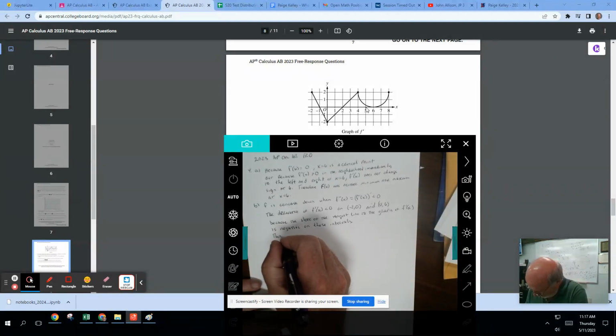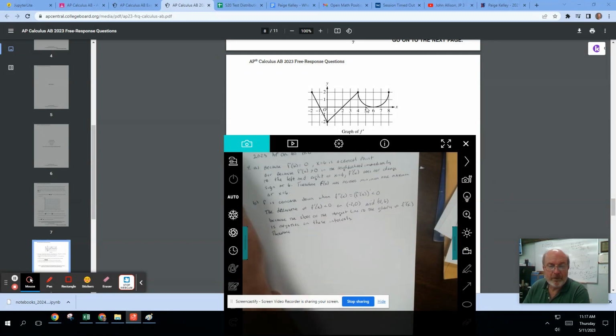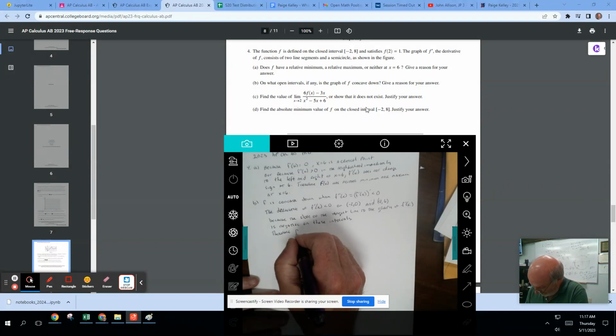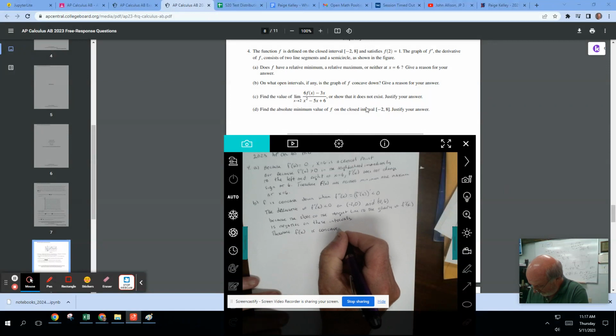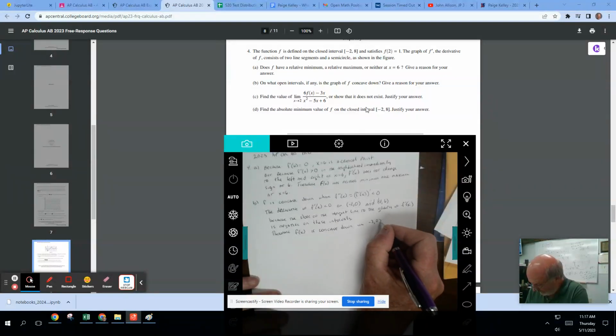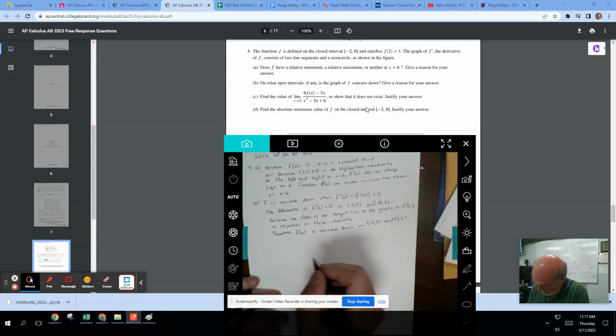Therefore, let's double check the question. F of x is concave down on -2 to 0 and 4 to 6.